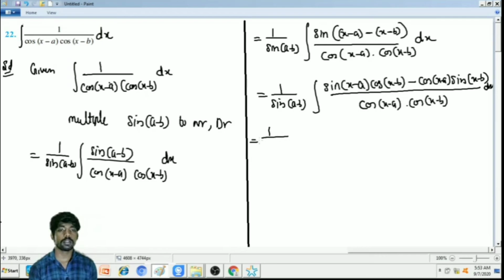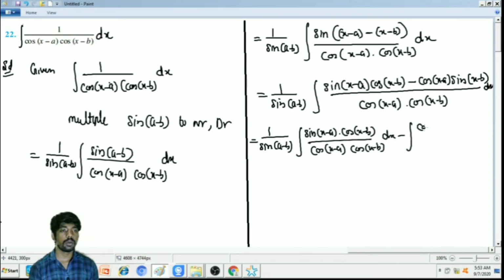Separating the terms, sine of x minus a into cos of x minus b by cos of x minus a into cos of x minus b dx, minus integration of cos of x minus a into sine of x minus b by cos of x minus a into cos of x minus b dx. The same terms get cancelled: cos of x minus a cancels, and cos of x minus b cancels.